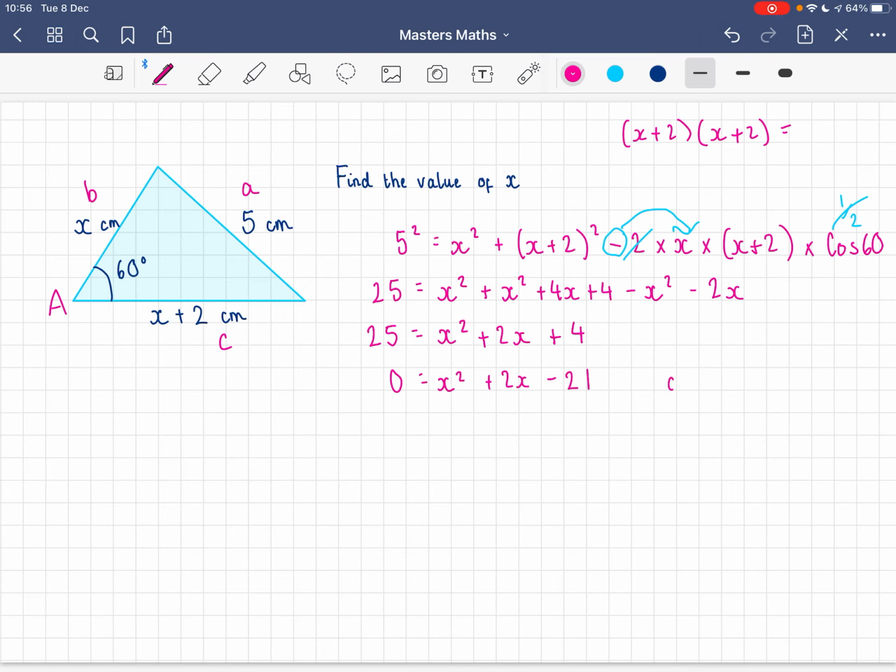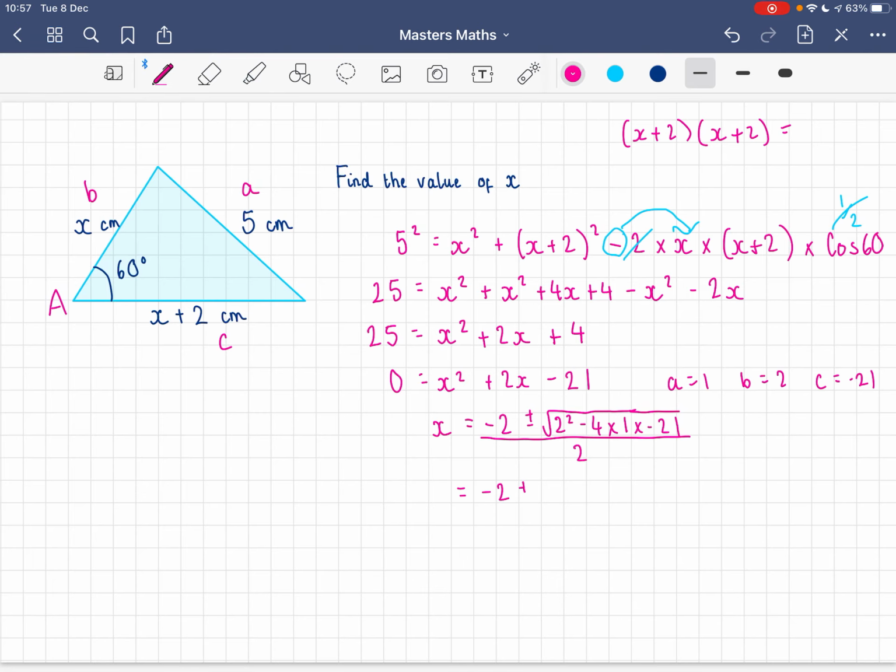So here I have a is 1, b is 2, c is negative 21. Put that into the quadratic formula. So x is going to be equal to negative 2 plus or minus the square root of 2 squared minus 4 times 1 times negative 21. That is all divided by 2a, so that's just 2.